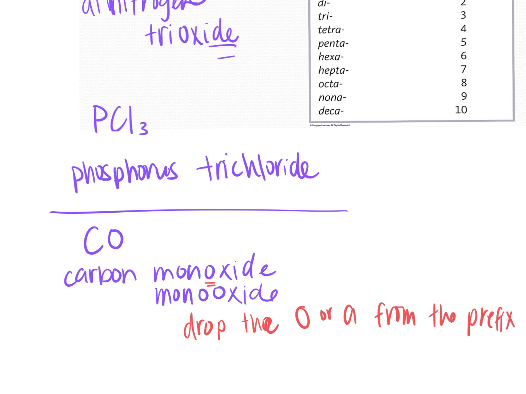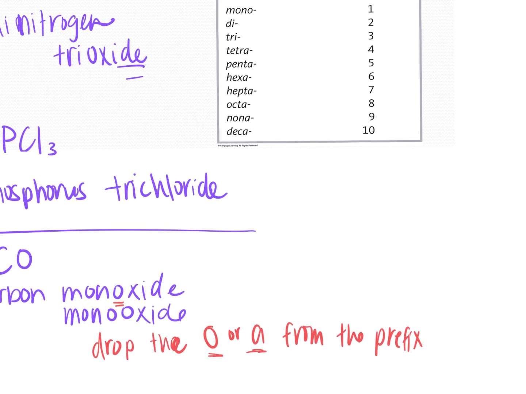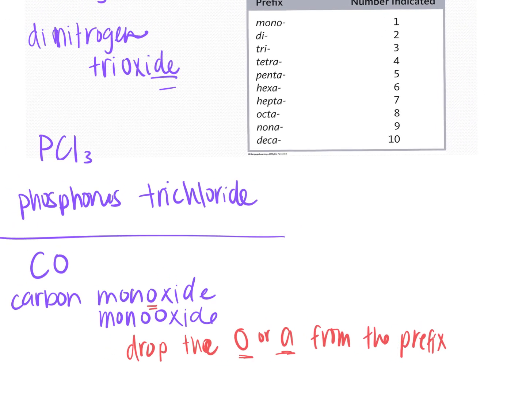So that one you would get to keep it. If it was like I3, you would call it triiodide. I don't really know why. But with tri, it always gets to stay. It's the O or the A that gets dropped. So if we had, let's just say we had one like this, S2O4.